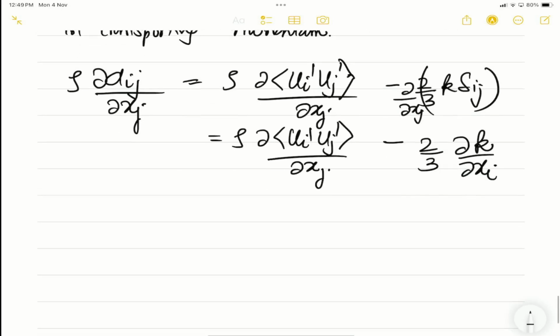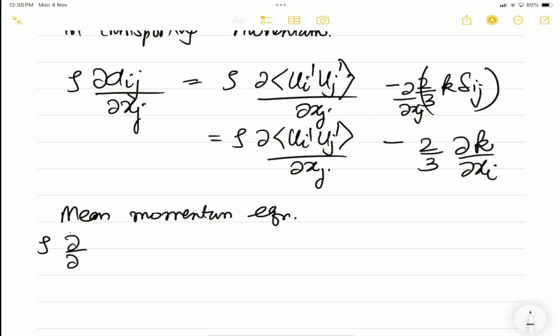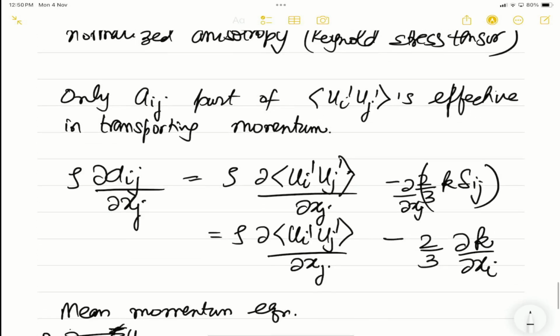Now when I write the mean momentum equation, let me go back to the mean momentum equation.